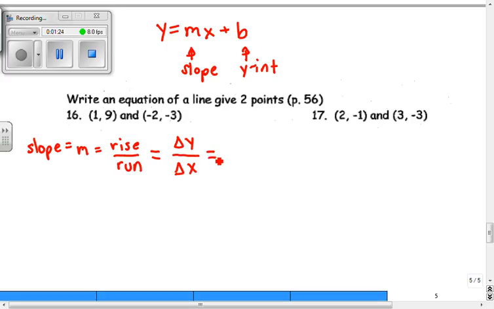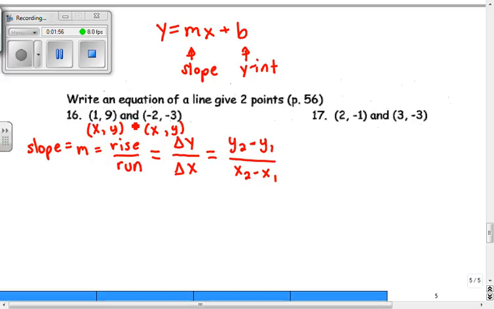Okay, so we can even write this more explicitly. We can write y2 minus y1 over x2 minus x1. Okay, well, to use this more explicit formula, we need to have these identified. Now, every point has an x and a y.